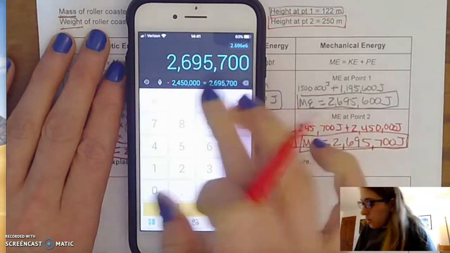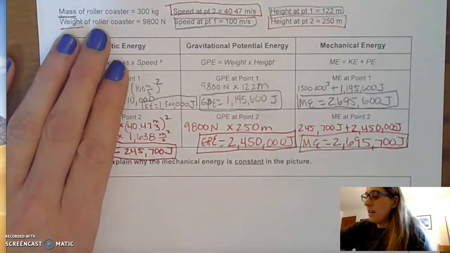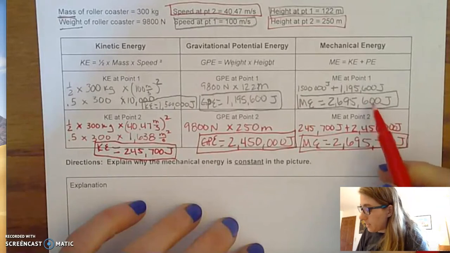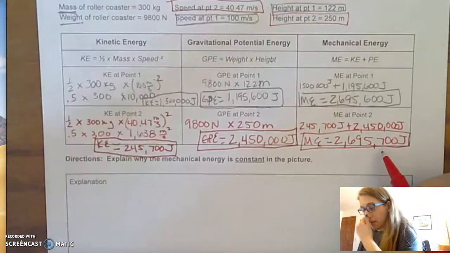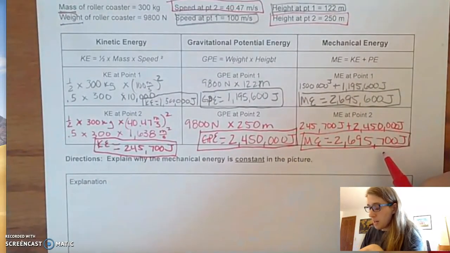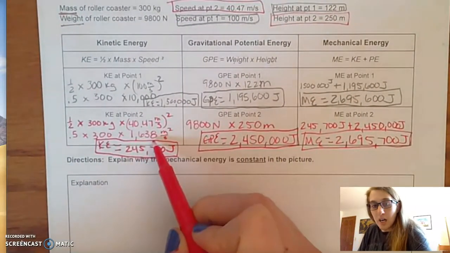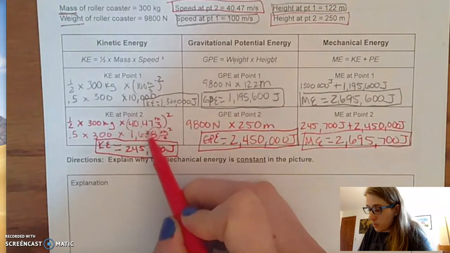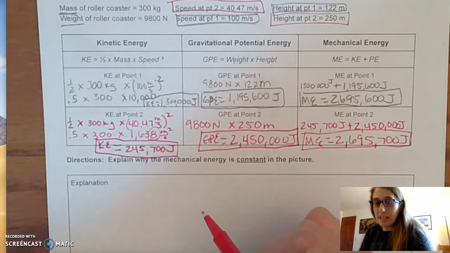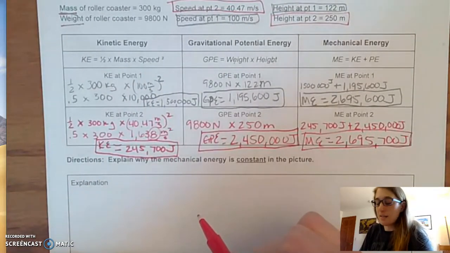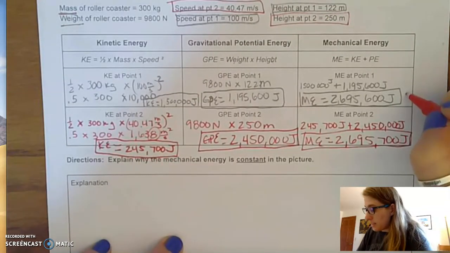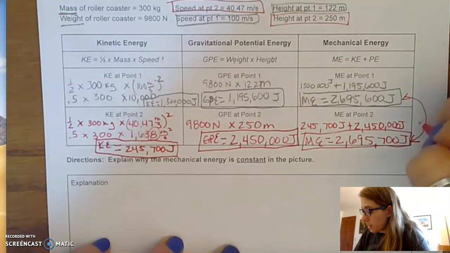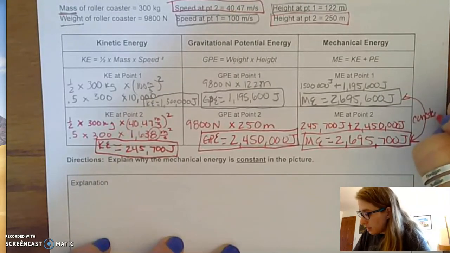Now, you'll notice that my two values are very close. They're really just a 600 and a 700. And where that probably comes from is over here where we rounded on this 8, right? It was actually decimals, and if we had kept it as decimals, this would have gotten much closer. So for our purposes, these two numbers are constant.